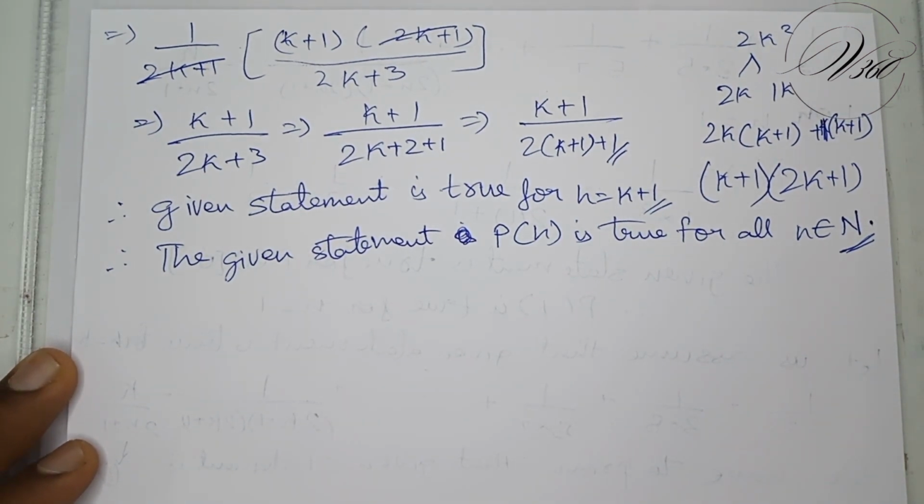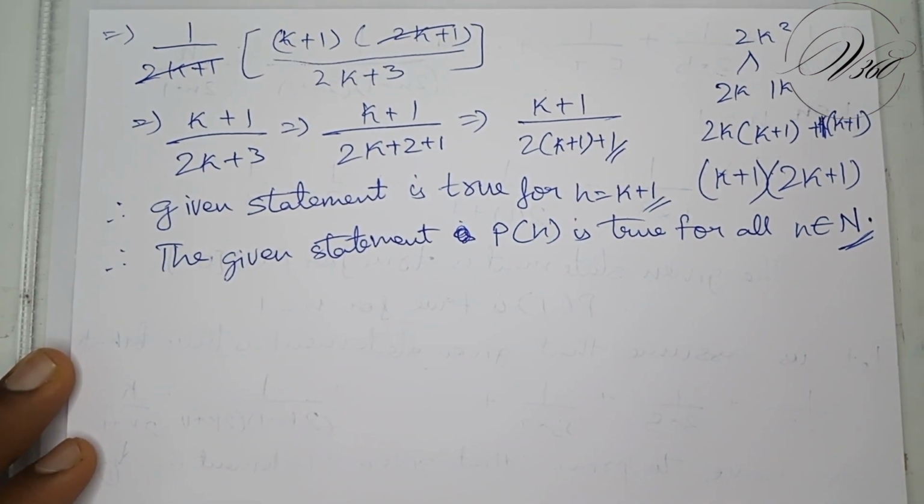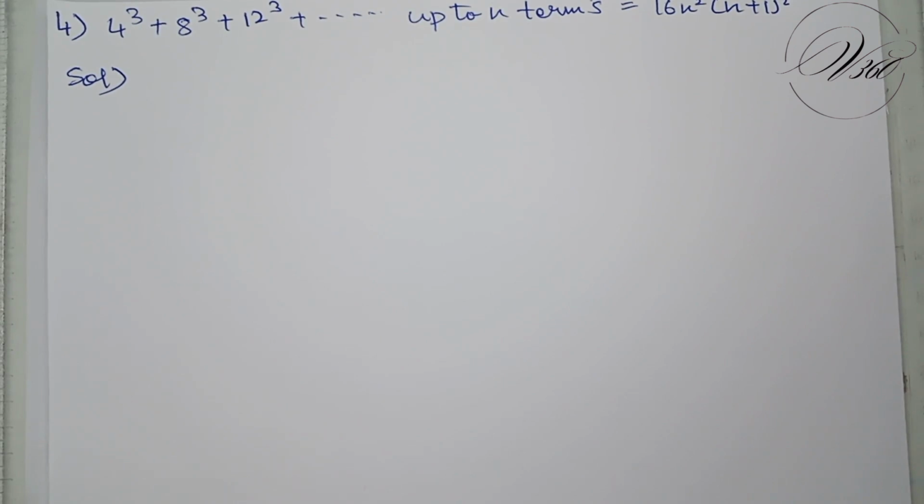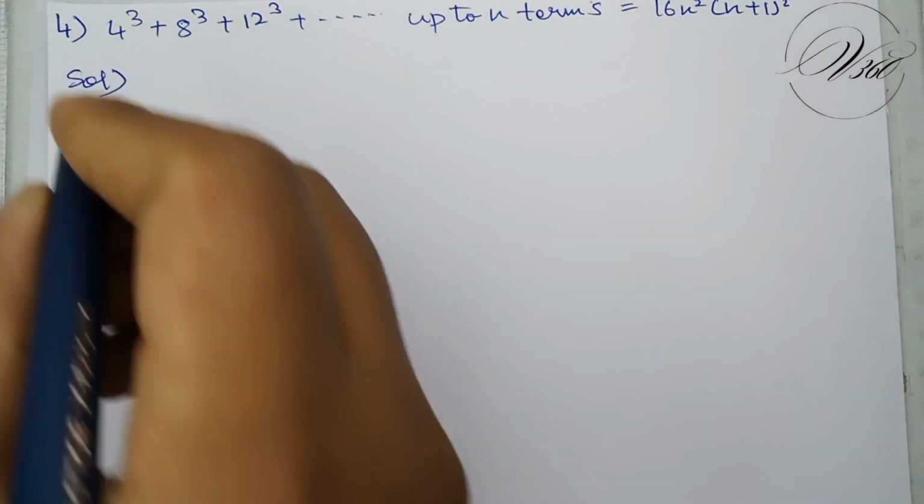Now we'll go forward to the fourth question, that is, now we are going to do the fourth bit, that is 4 cube plus 8 cube plus 12 cube plus until n or up to n terms, that is equals to 16 square of (n plus 1) whole square. Okay, let's start the problem.